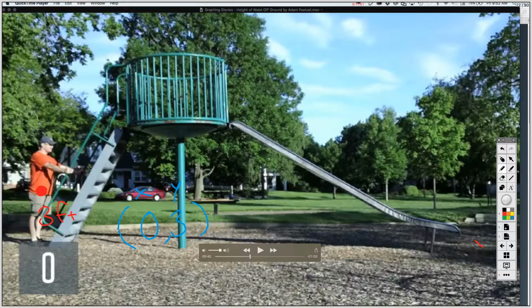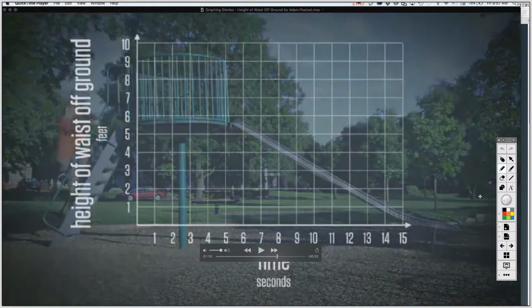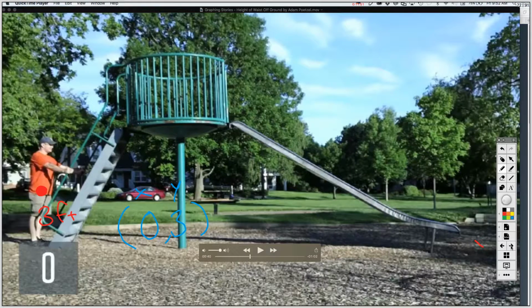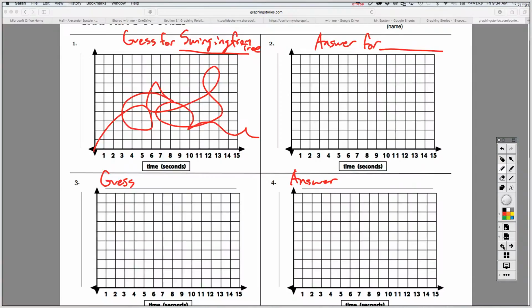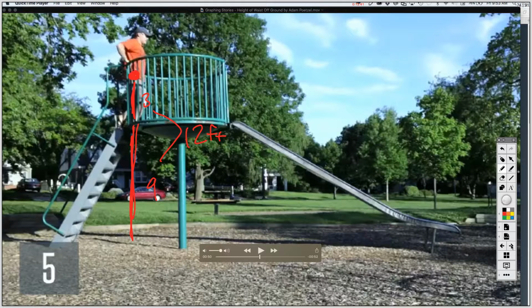I'm going to try to go a little bit quicker, so make sure you're paying attention. All right, then at 5, what was my distance? 5, comma.